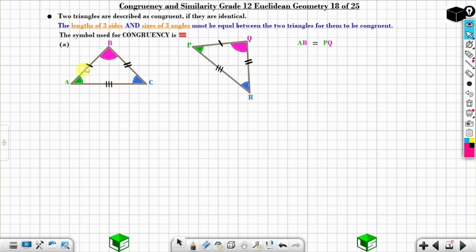Side BC is equal to side QR. And AC is equal to PR.